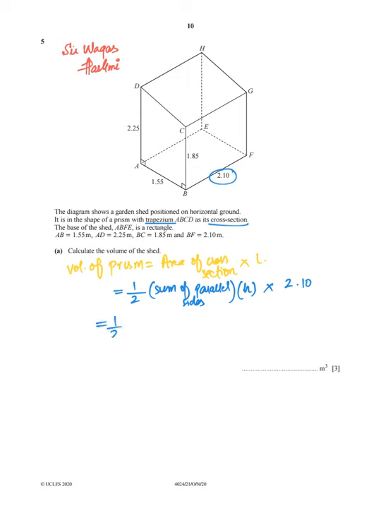Now I will place the values. The sum of parallel sides is 1.85 plus 2.25, and the height is 1.55, right? That is the area of cross section times 2.10. So that equals 6.67. That is the volume of this prism.